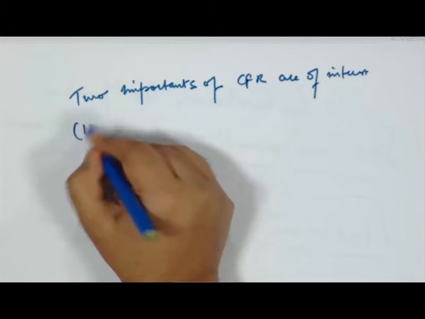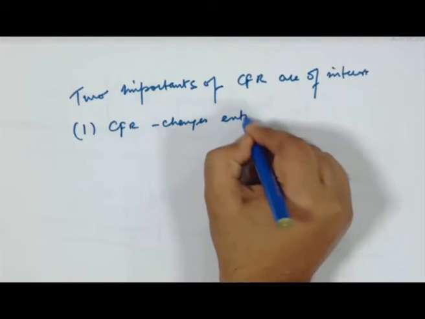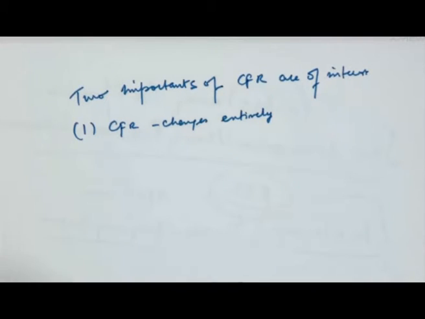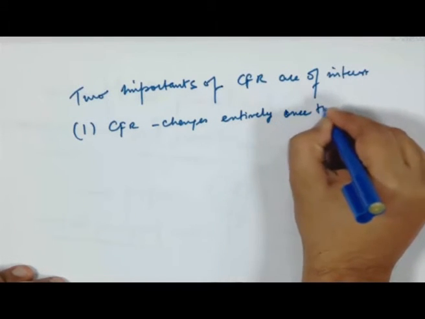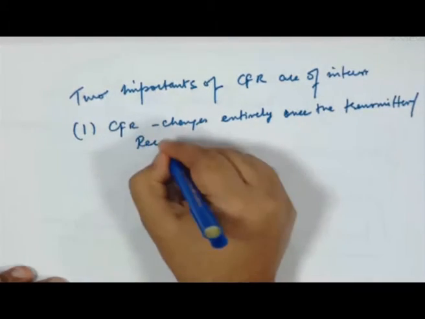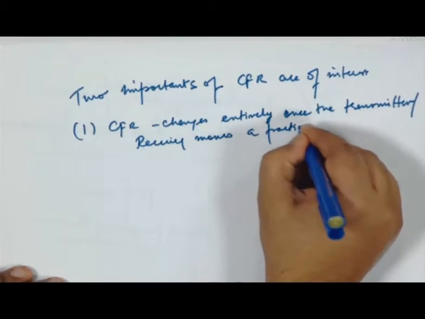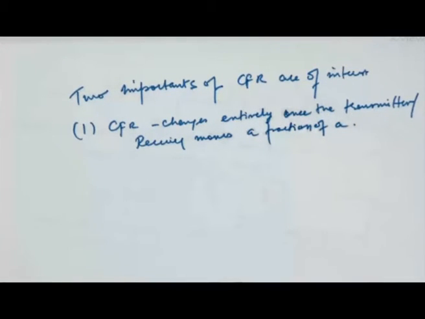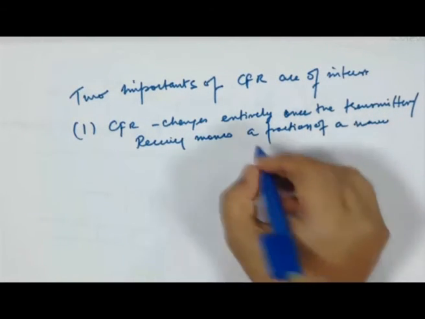One is that the CFR changes entirely once the transmitter or the receiver moves a fraction of a wavelength. A wavelength will typically be, say, 12 centimeters.